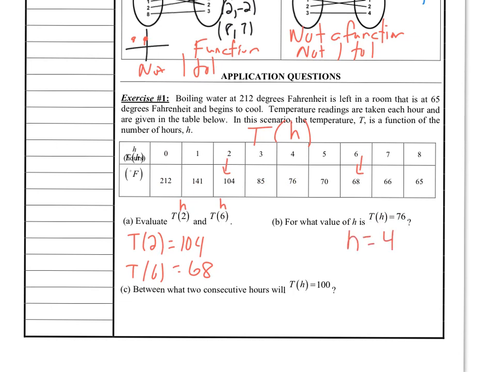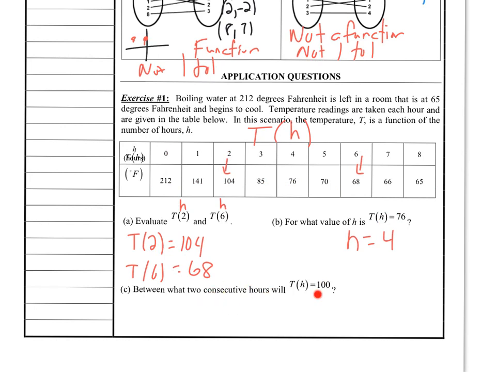And then the all-time favorite, between what two consecutive hours will T of H equal 100? Okay, so you're going to look at your table, figure out where you see 100 showing up. And you look real quick and 100 does not show up, which doesn't mean you quit. You take a look again, you say, okay, between what two consecutive hours?